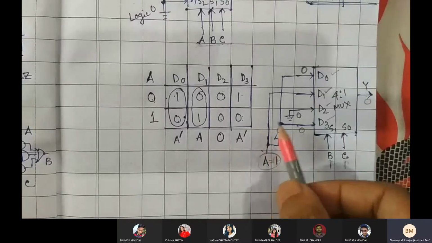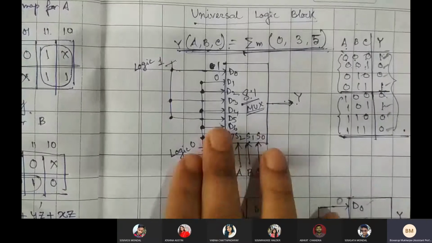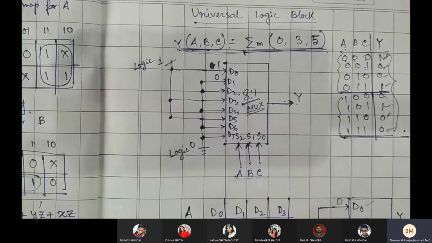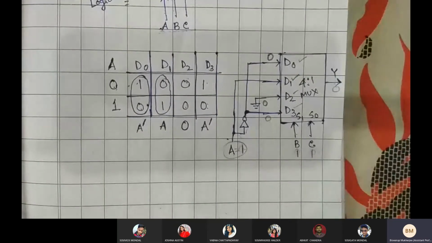It may not be in all cases, but in this case, we require one extra inverter, which was not required in the previous case. In the previous case, the data input lines were only connected to either logic 1 or logic 0. But here, data inputs are connected with logic 1, logic 0, or the input A or the input A bar, any one, right? Am I clear on this one?